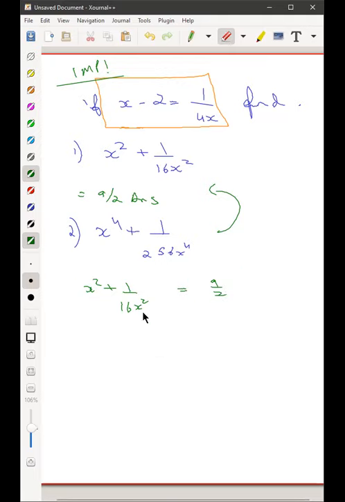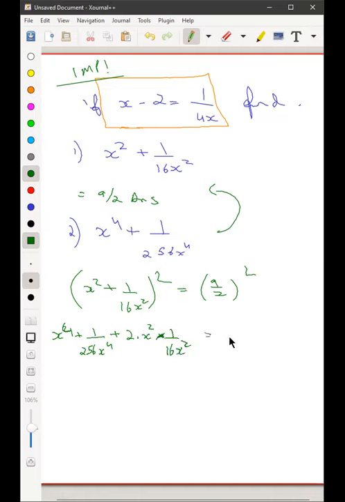And then we know that the square of this will be equal to the square of this. So what's the square of this on the left hand side now? X to the power 4 plus 1 upon 256x to the power 4 plus 2 into x squared into 1 upon 16x squared. And what about the right hand side? It's 81 upon 4.